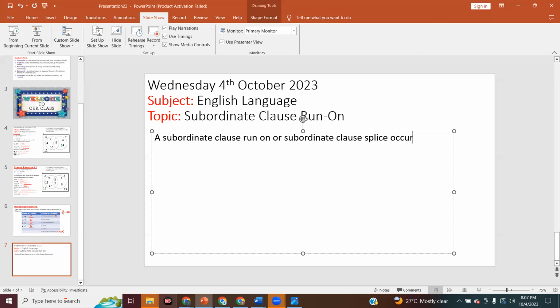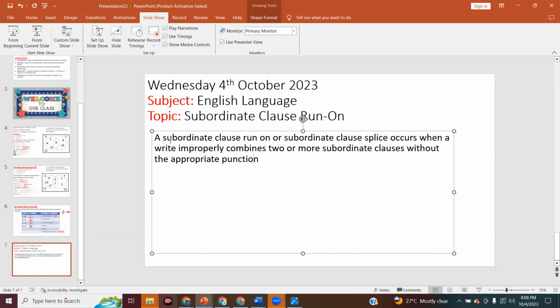All right. This occurs when a writer improperly combines two or more subordinate clauses, and subordinate clauses are just dependent clauses, without the proper or appropriate punctuation or conjunction.